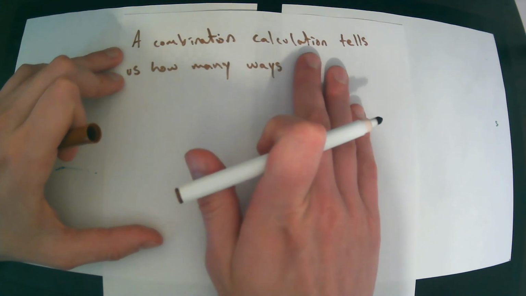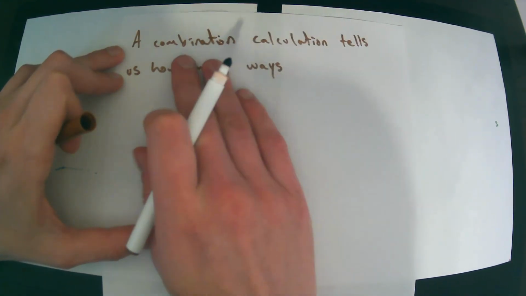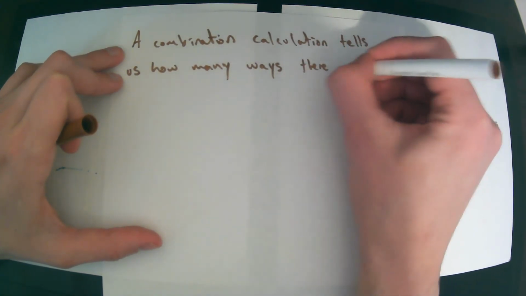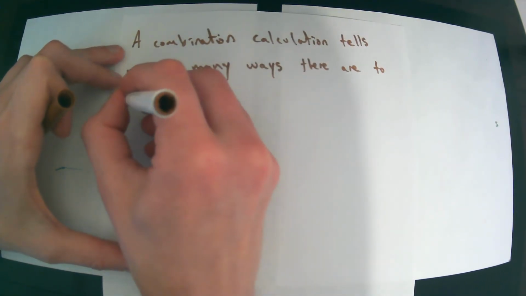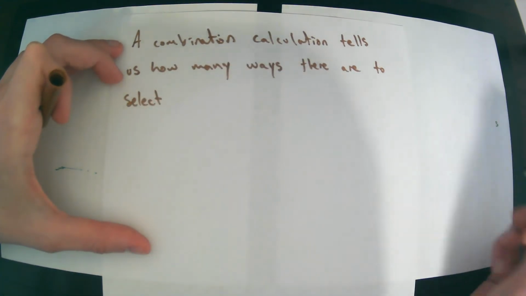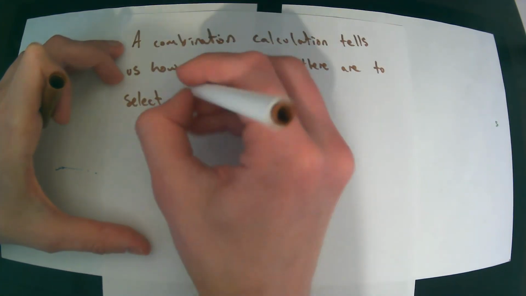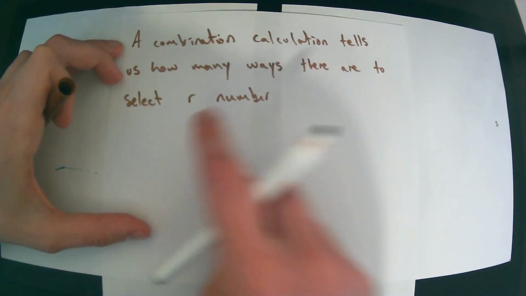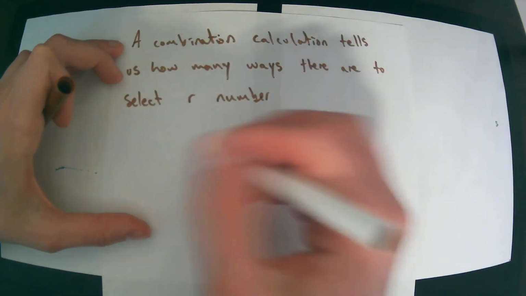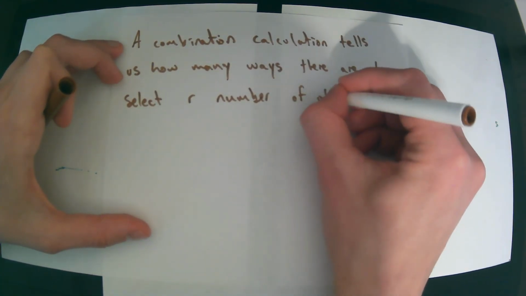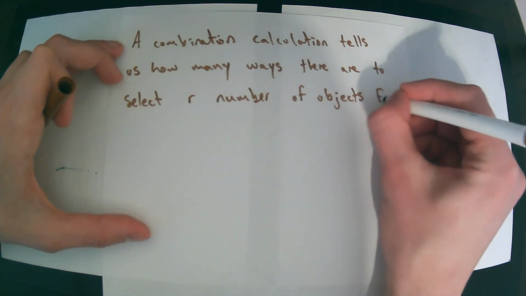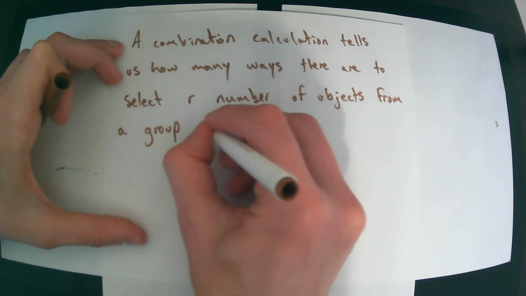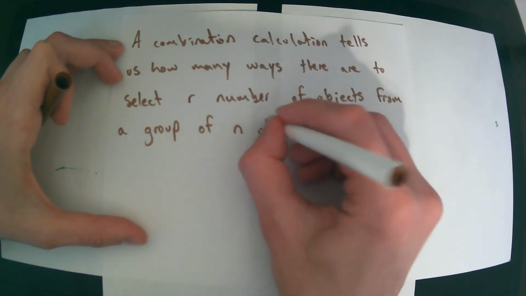A combination calculation, because it's a calculation, it's like a formula, tells us how many ways there are to select R number, so that's going to be some number like 5 or something, some number that's given in the problem, R number of objects from a group of n objects.